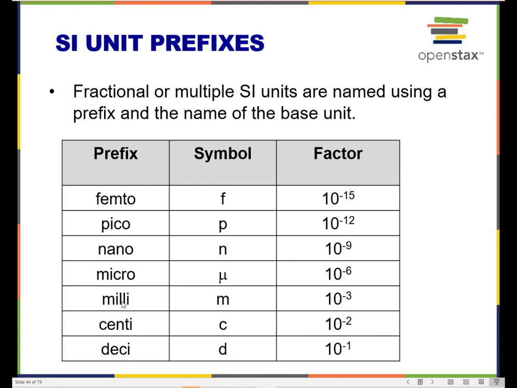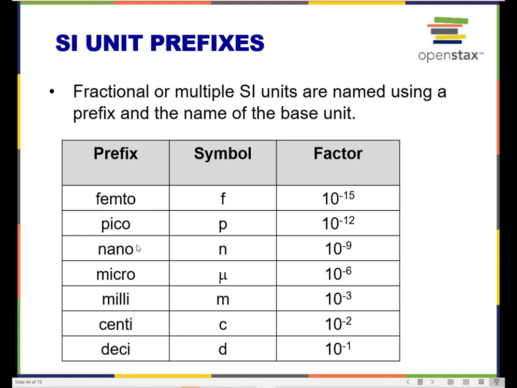Or I could have a millimeter, of which there are 1,000 in a meter, or a micrometer, or a nanometer, or a picometer, or a femtometer. So adding these prefixes in front of the base unit changes how big that unit is. So millimeters are smaller than meters. Millimeters are smaller than centimeters.